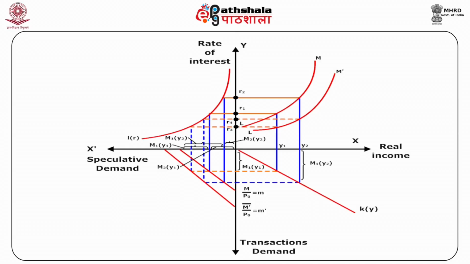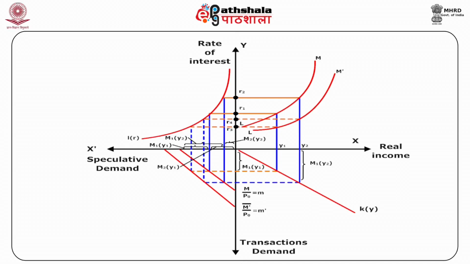R1 Y1 and R2 Y2 clearly show that the LM function has got a positive slope. It is upward sloping. So, in this manner we have derived the real LM function. Here we are dealing with real demand for cash balances, real supply of cash balances, real national income, and real rate of interest.